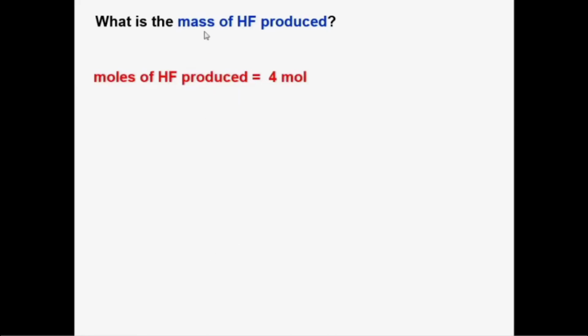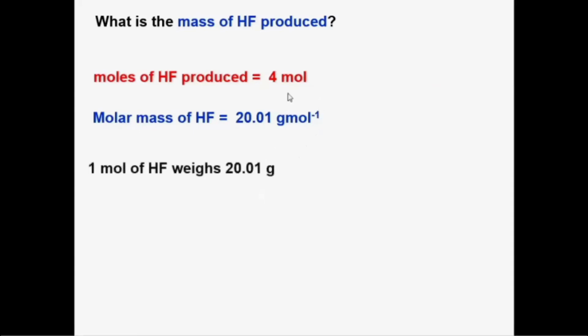To calculate the mass of this hydrogen fluoride, we are going to use the molar mass of hydrogen fluoride, which is 20.01 grams per mole. From this molar mass, we know that 1 mole of hydrogen fluoride weighs 20.01 grams.